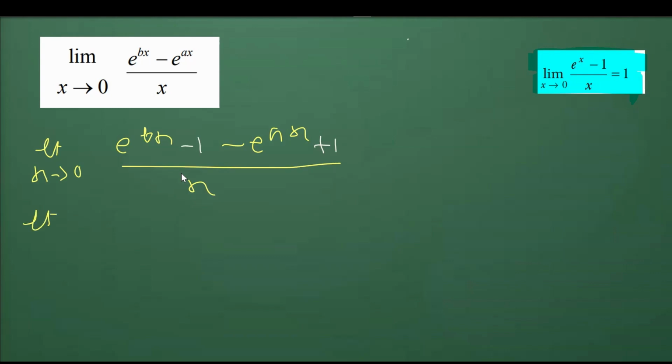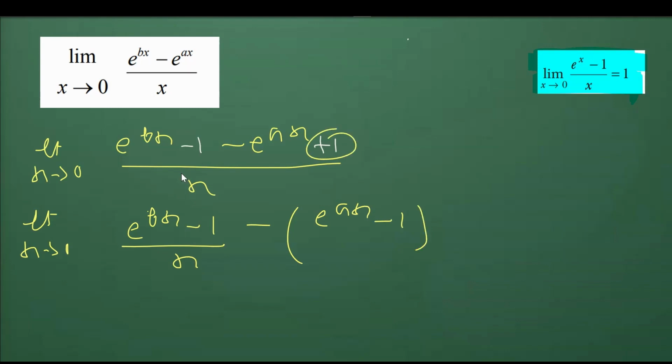Now this is limit x tends to 0. With rearrangement, I can write this as e raised to the power bx minus 1 over x, and taking minus common from here, I'll get e raised to the power ax. Now this will become minus 1, right? Because we have taken minus common. So I can write this properly.